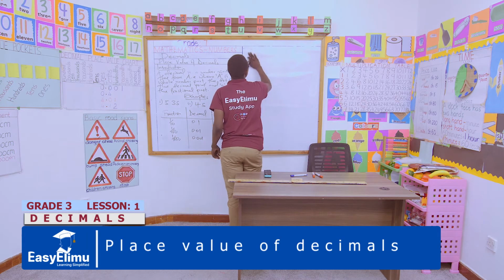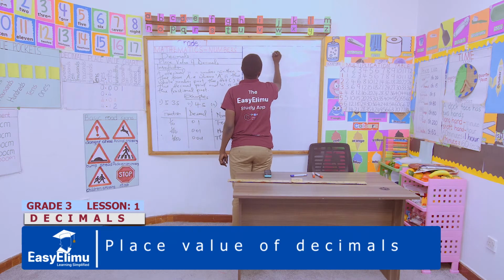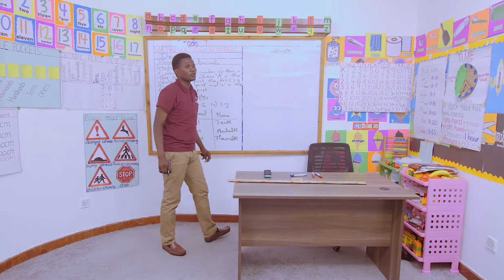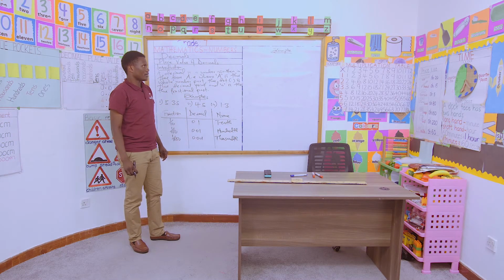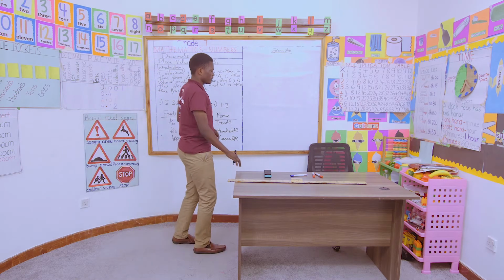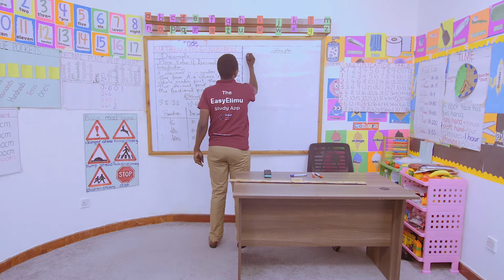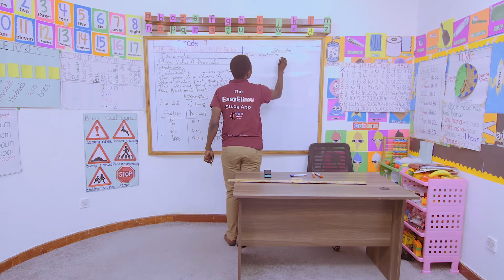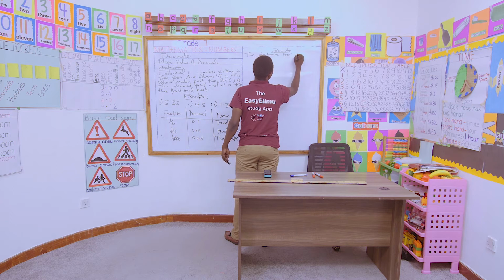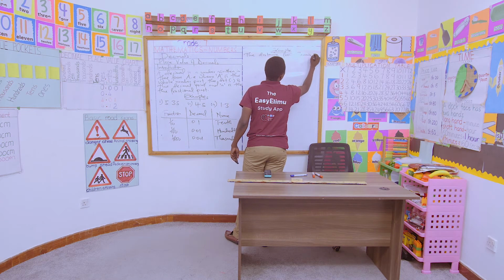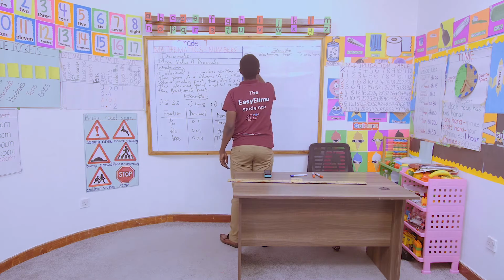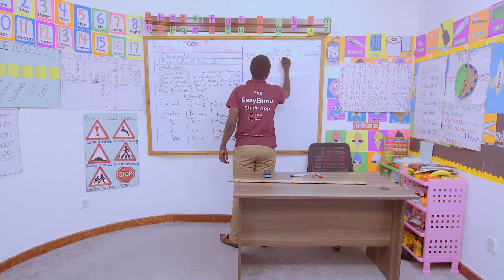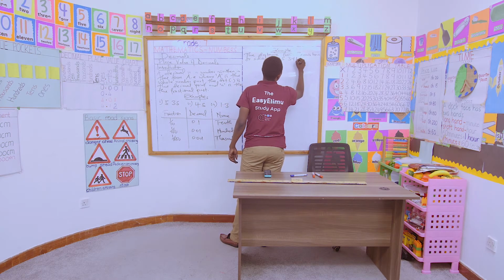So, place value of decimals. Remember, we said that place value is the position occupied by a digit in a number. For example, the distance from Brian's home to school is 15.34 kilometers.